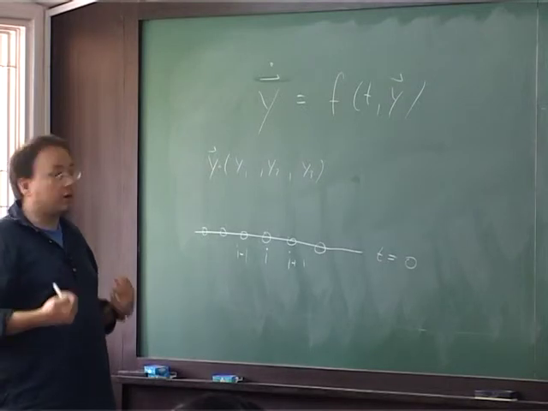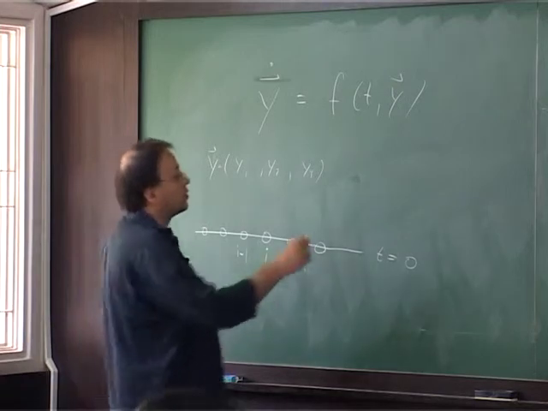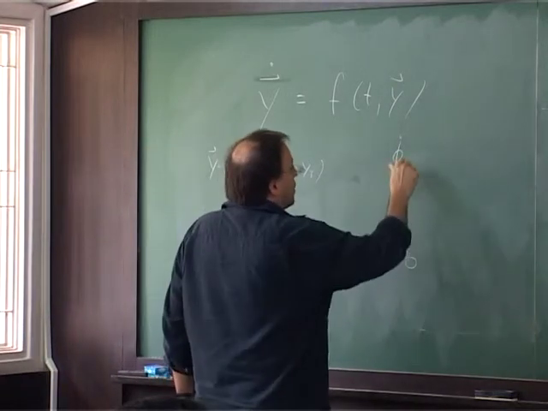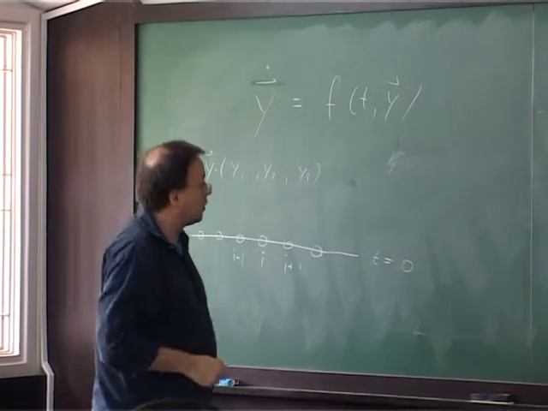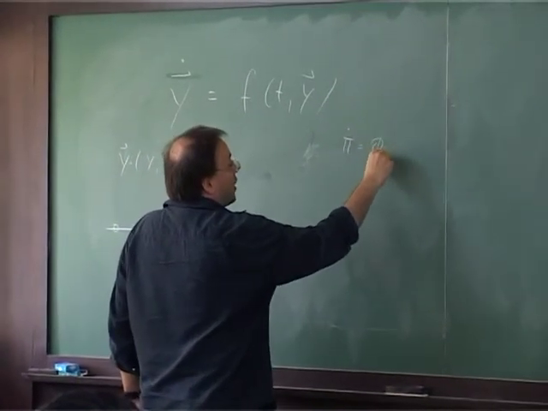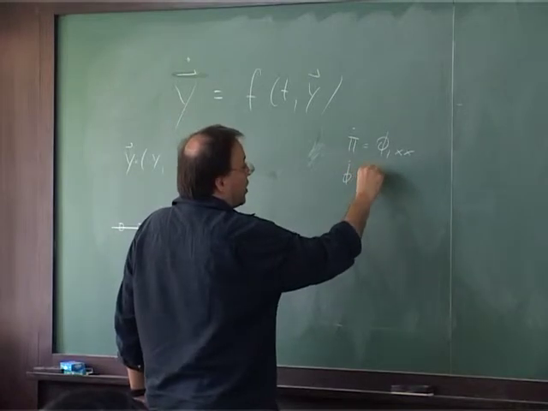For the wave equation, we have at least two components, because of phi dot, we split that into at least two variables, right? So we had pi dot equals phi comma xx and phi dot is equal to pi.